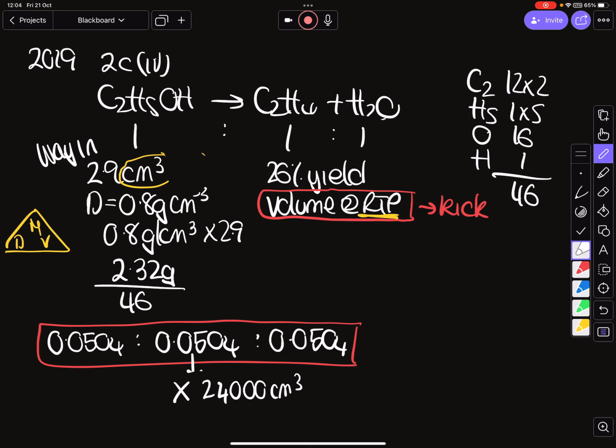So once I've worked that out, I am going to get somewhere around the region of 1,200 centimeters cubed of ethene.